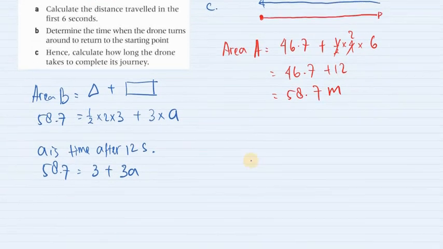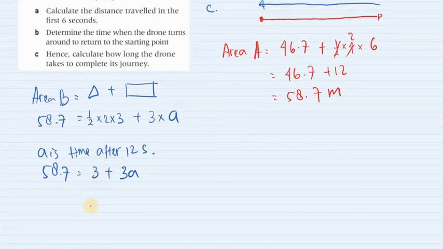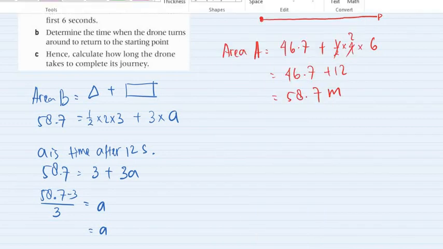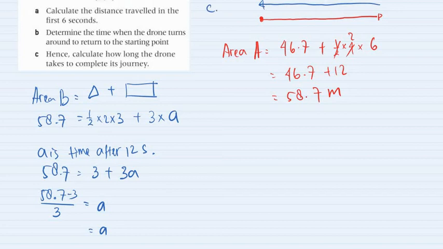So we have 3A, sorry, A is equals with 58.7 minus 3 divided by 3. From the calculation we got A is equals with 18.6 seconds. Remember, A is time after 12 seconds. So this is the time when the drone is going back to us.